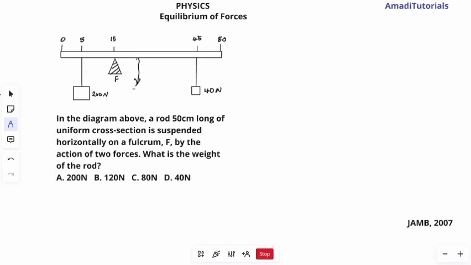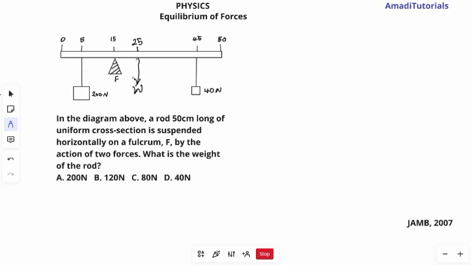So here we will label it W, meaning the weight. This is where the weight of the rod will act, and the distance there is 25. So it is this weight that we are going to calculate.